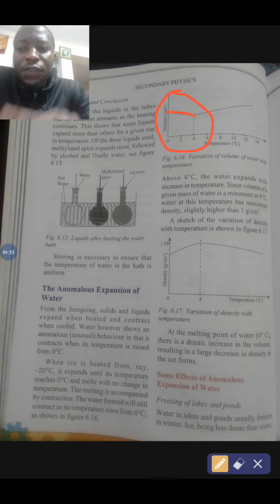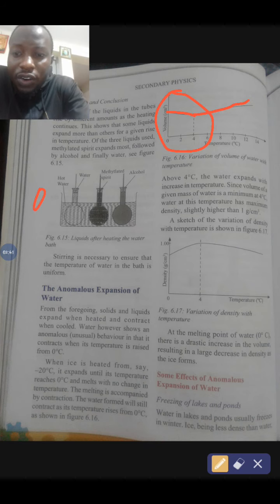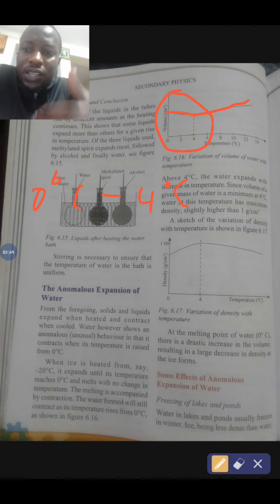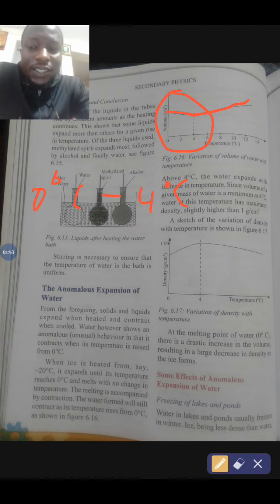When it reaches 4, the volume will be seen to increase once again. So 0 degrees C to 4 degrees C, there is anomalous expansion. So just know that at that particular range of temperature, if you are heating water, the water will contract.